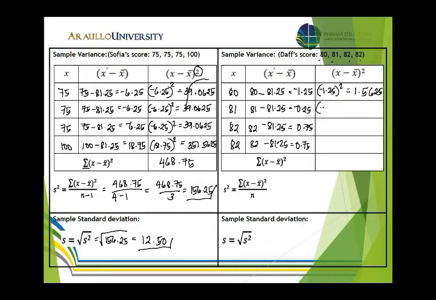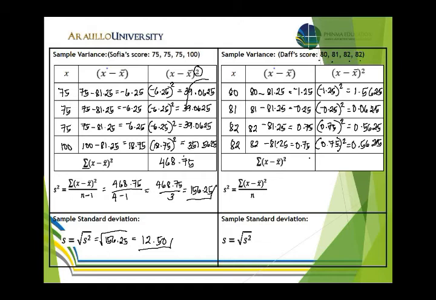Then negative 0.25 square is equal to 0.0625. And then 0.75 square is 0.5625, and same, 0.75 square, we have 0.5625.